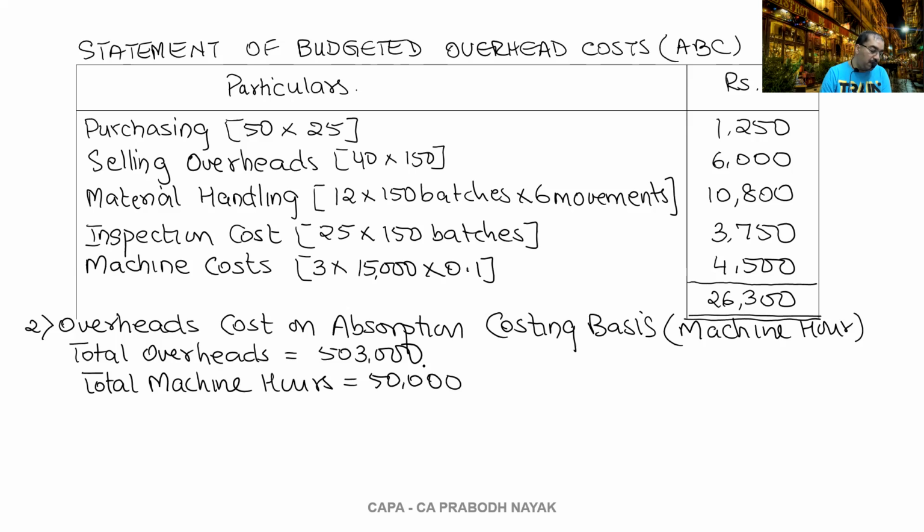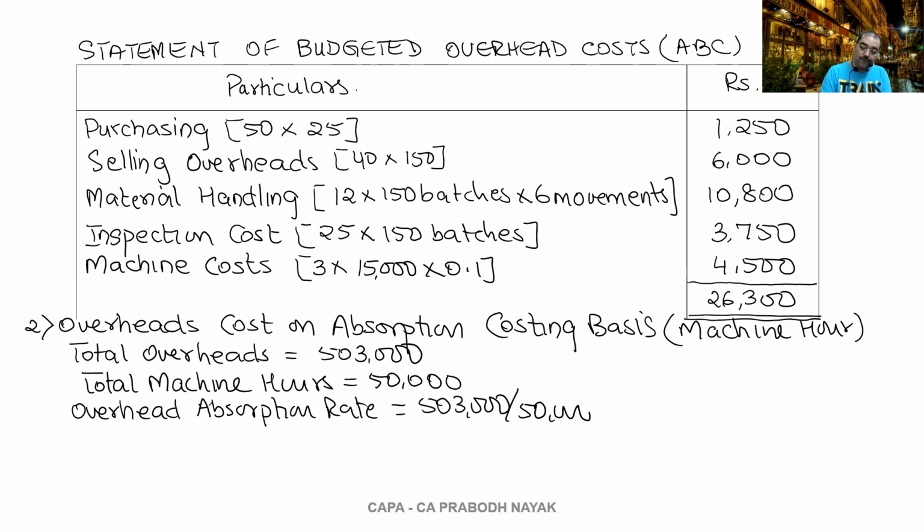So overhead absorption rate is equal to 5,03,000 divided by 50,000, which is $10.06.